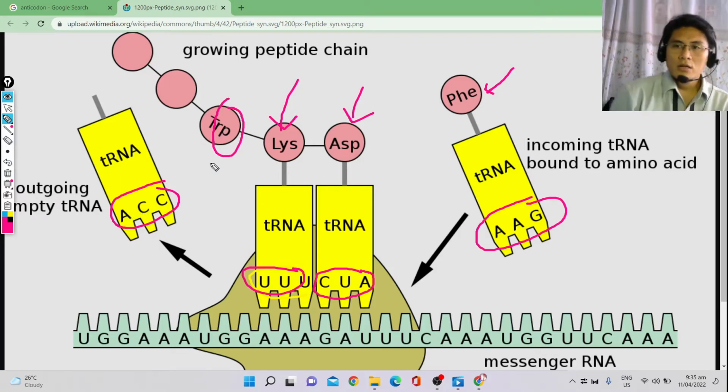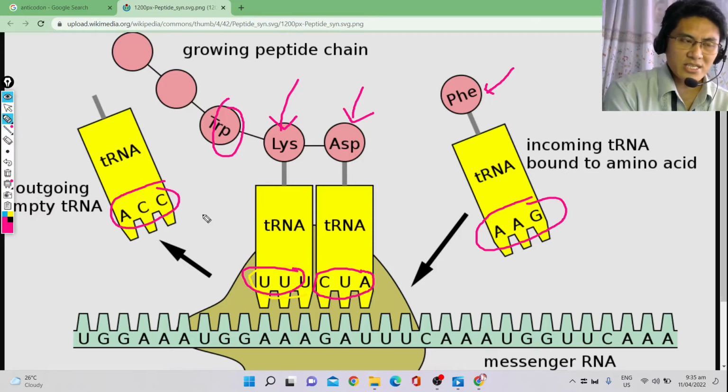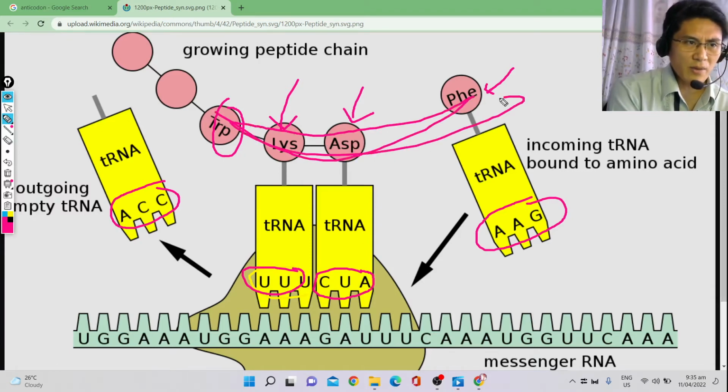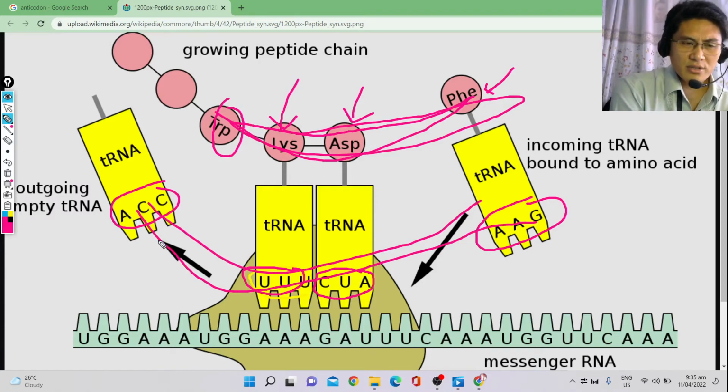Okay? So, therefore, this particular anticodon corresponds to certain amino acids, certain ingredients. And what's the sequence of the anticodons that are being strung? What's the sequence of the string of amino acids? It depends on the string of anticodons. But what does the string of anticodons depend on? It depends on the string of mRNA.